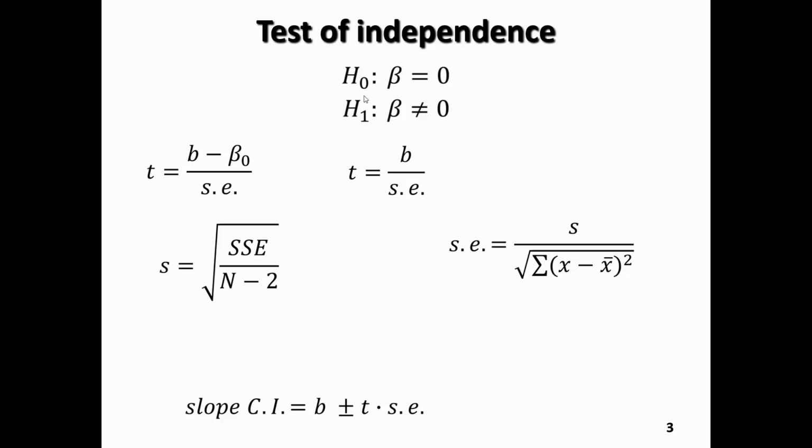The null hypothesis for this test of independence is that beta will equal 0, beta being the slope of the regression line when we just have a single predictor. If that slope is 0, we're looking at a horizontal line, as we saw on slide number 2. If the line is not horizontal, then we would opt to consider the alternative hypothesis that it's not 0.